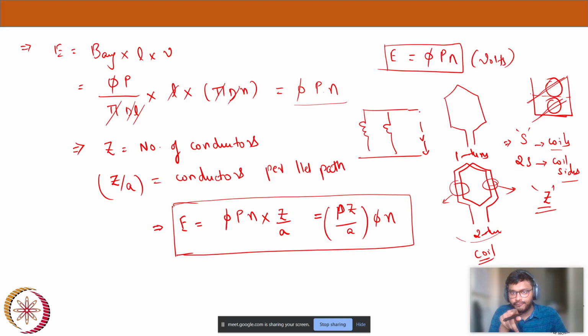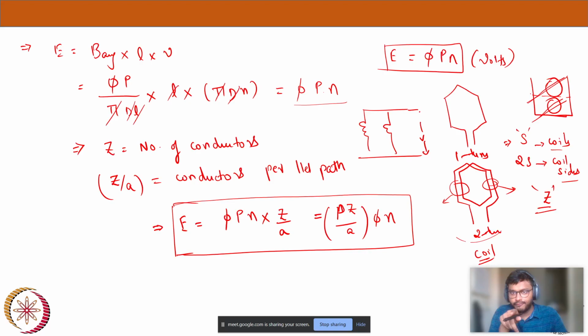Now, in order to calculate the EMF equation, you first need to calculate the field distribution, that is B. Next you multiply that B with the length of the machine and the velocity to get the EMF induced. Before calculating B average, we have to determine the polarity of the EMF.